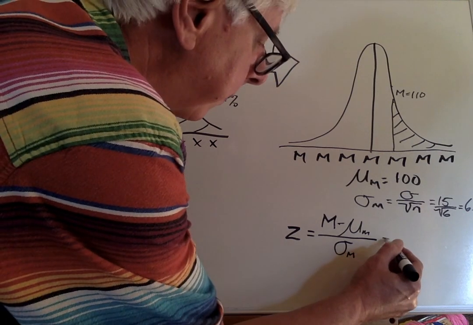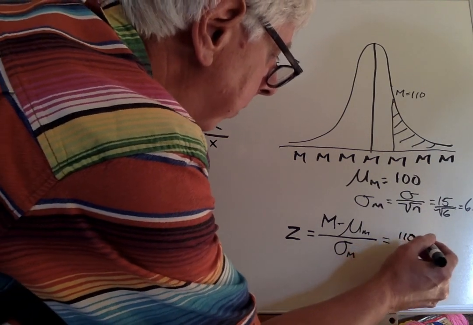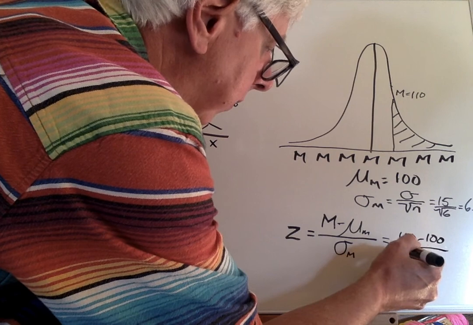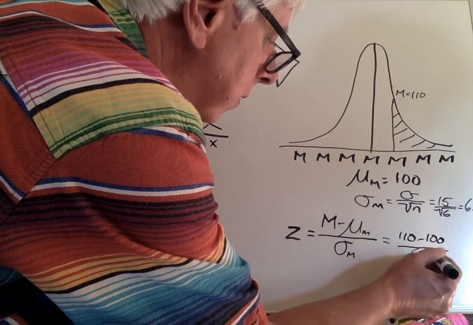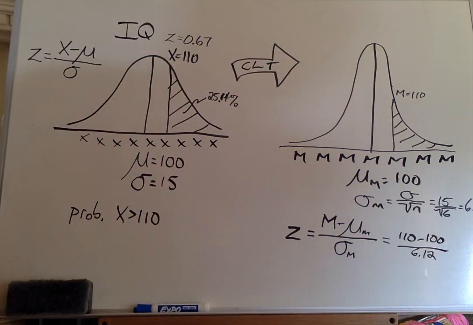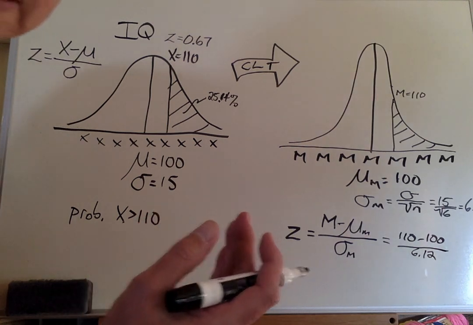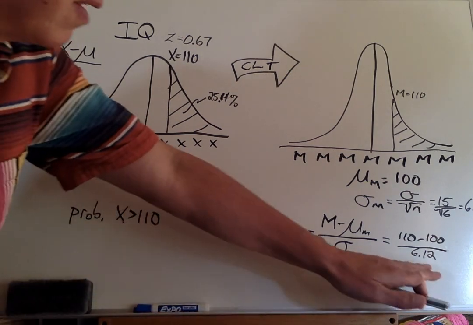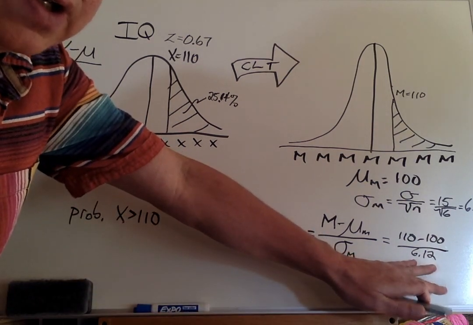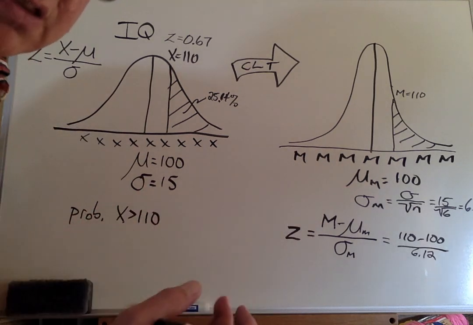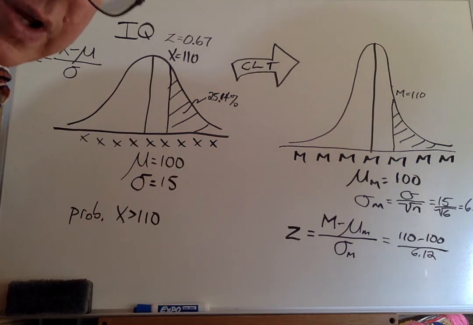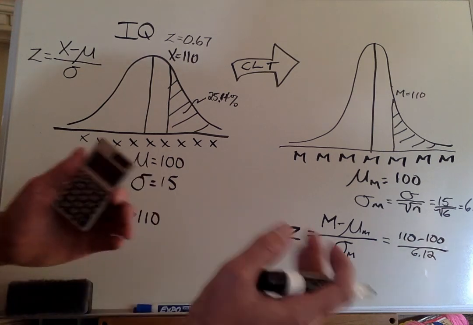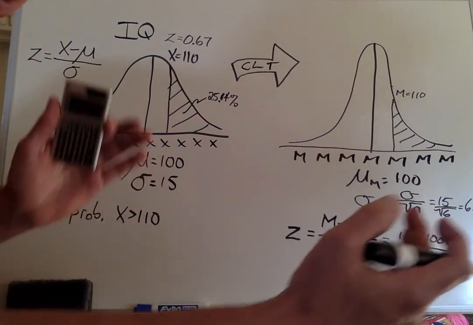So here we go. 110 minus 100 divided by 6.12. It's the same distance away from the mean. It's 10 points away from the mean. But because the variability is smaller, it effectively means they're further out. Not in terms of points, but in terms of the people that are beyond them and people that are below.